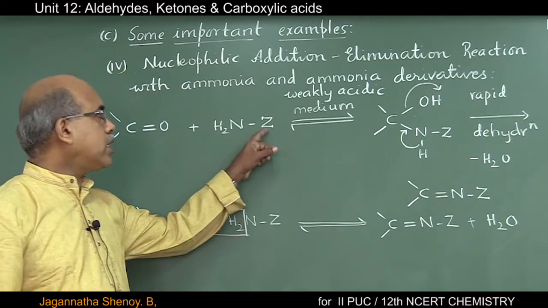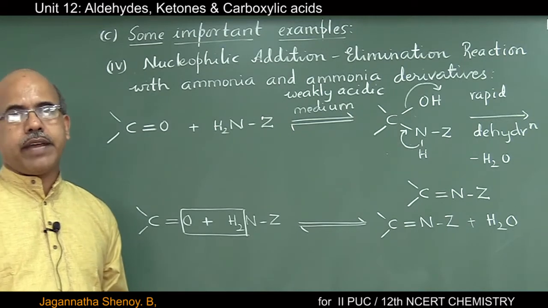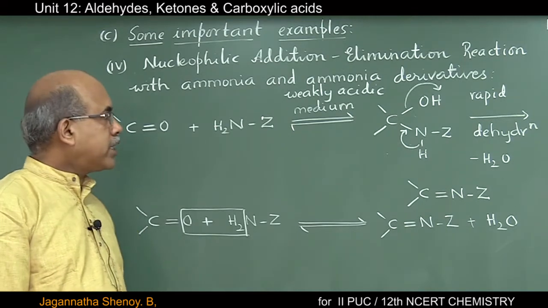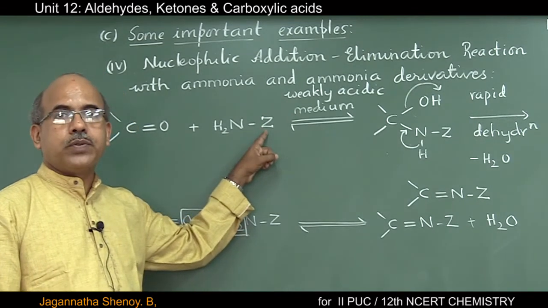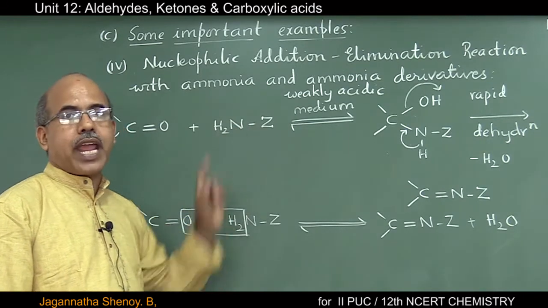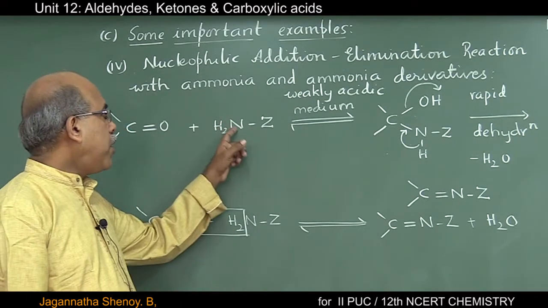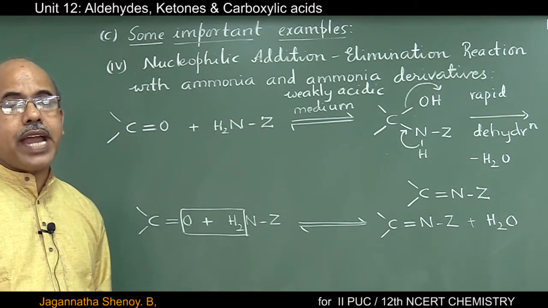Now, depending upon the Z group, we can consider various ammonia derivatives. In the first case, I am going to consider Z equal to NH2. The compound will be NH2 single bond NH2, and this compound is called hydrazine.